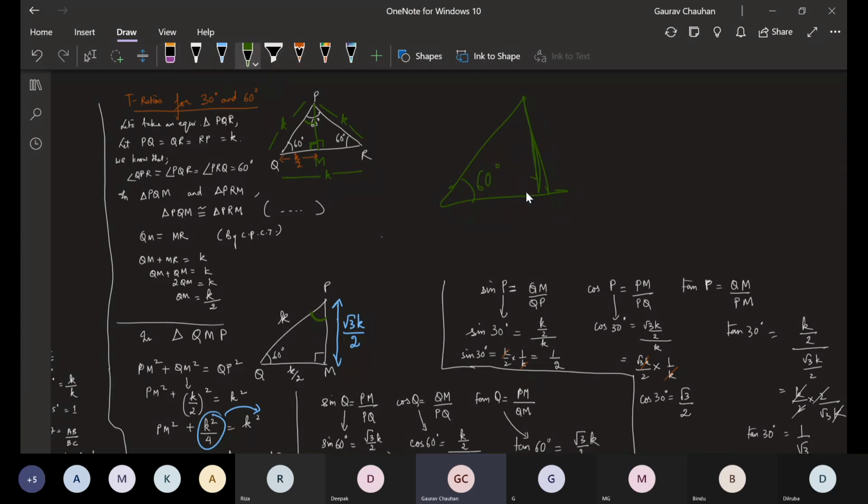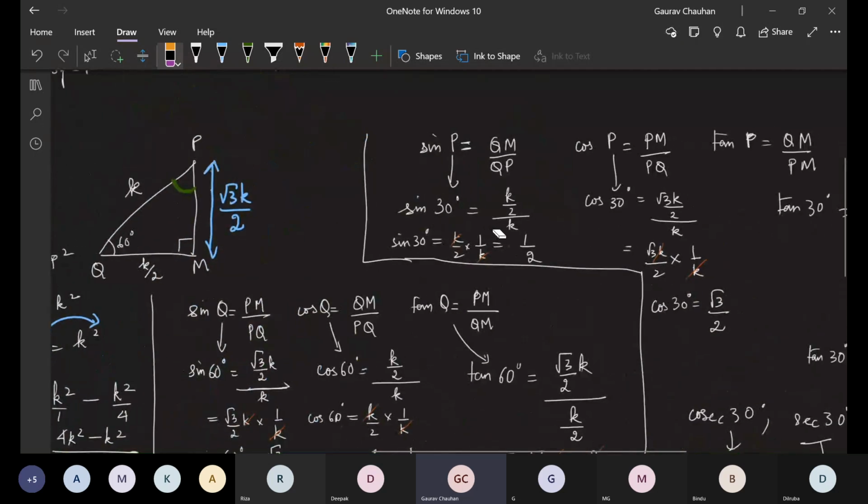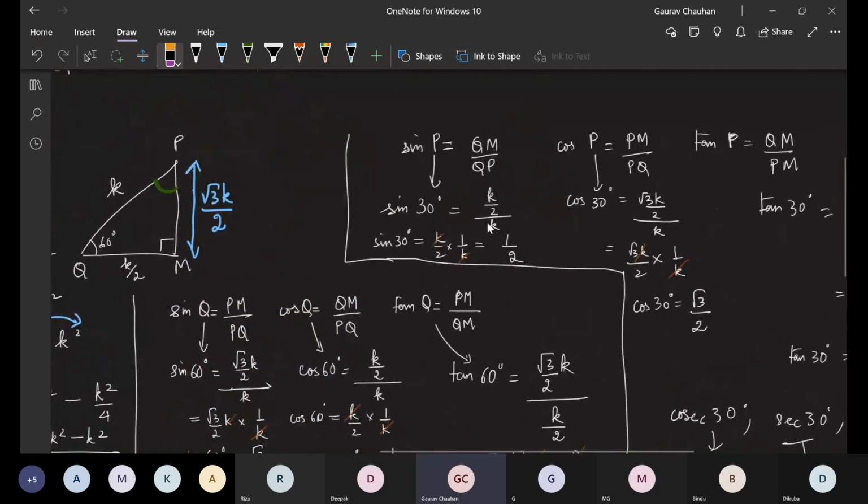Okay, so keeping that in mind, we came to this right triangle and we found all the three sides in terms of k, and then we took the ratios. We did that for 60 degree first, using sine, cos and tan. And then we did the same procedure for P. The reason we took P is because it is understood that this is going to be 30 degree.